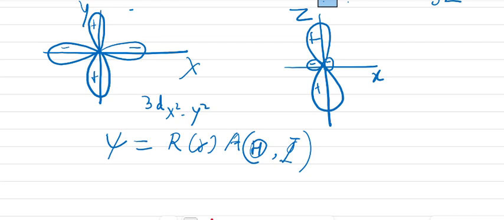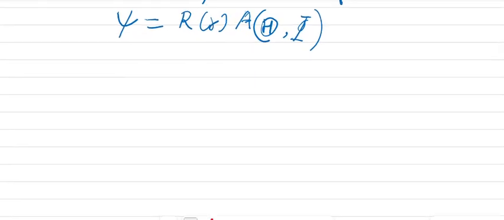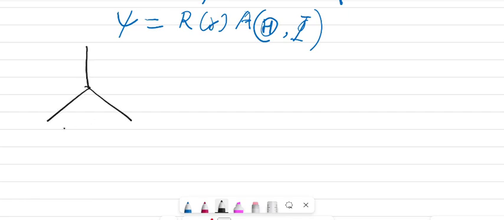Now we will draw the diagrams for the f orbitals. The shape of the f orbitals is like tetrahedral, and these f orbitals are 7 in number. So we can show the f orbitals like this: x, y, and z. We'll use different colors.